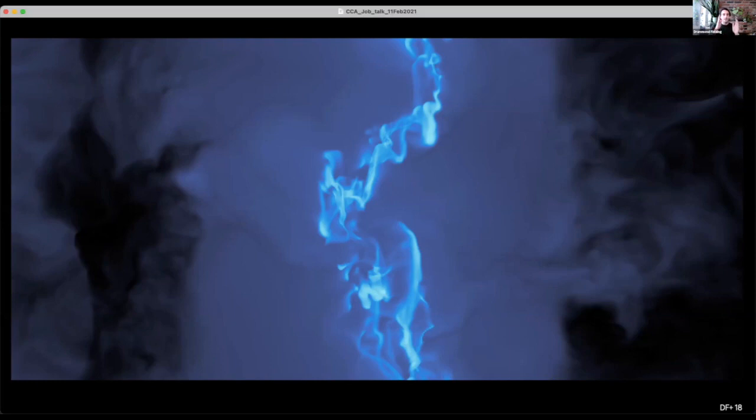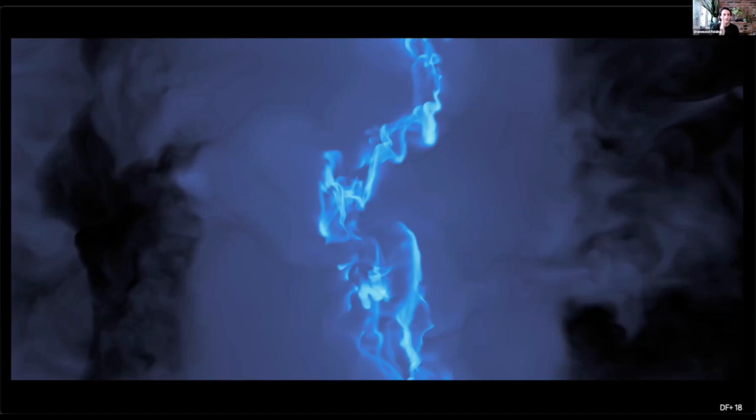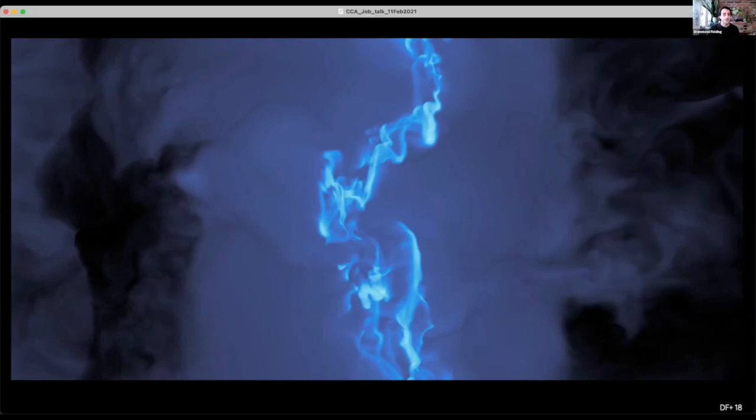I've now rotated it on the side, so you're seeing the disk midplane is oriented vertically. And this is going to be a visualization of the temperature. The bluish white color is cold, sort of molecular gas at around 10 to 100 Kelvin. The bluish black material is the warm ionized medium, which is around 10,000 Kelvin.